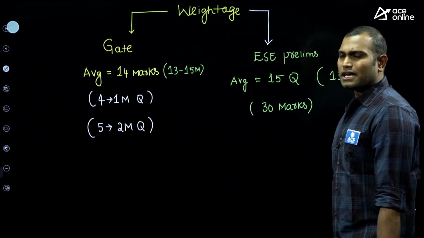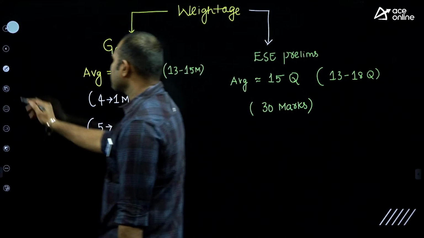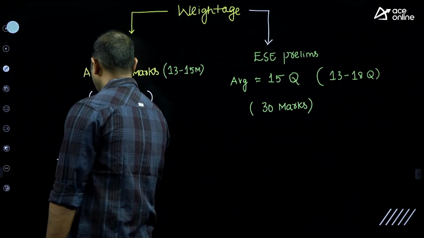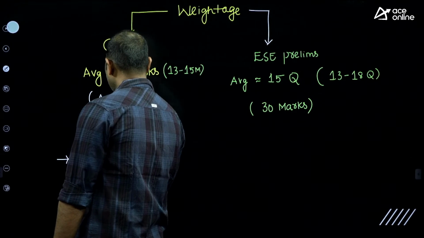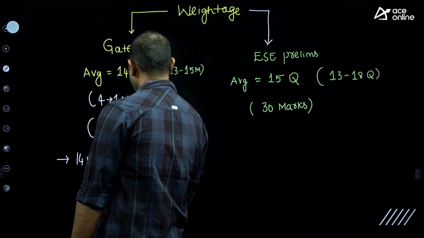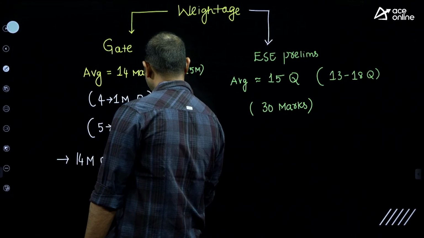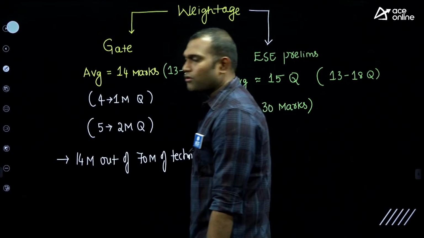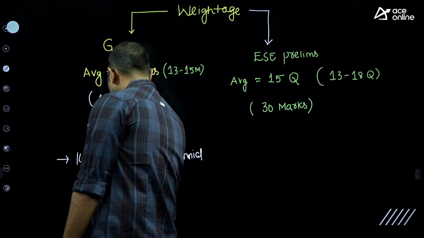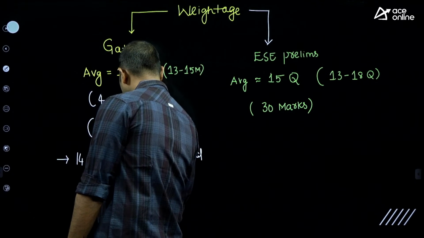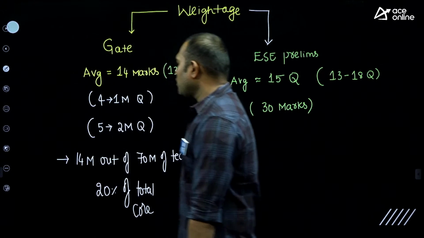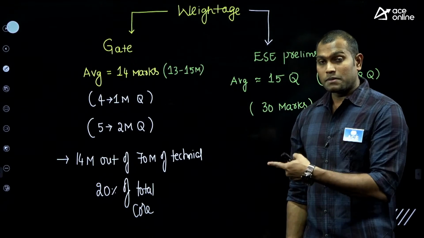More or less, in terms of the weightage, this is 14 marks out of 70 marks of technical. Right? 14 marks out of 70 marks, which is 20% of total core. That much important it is.